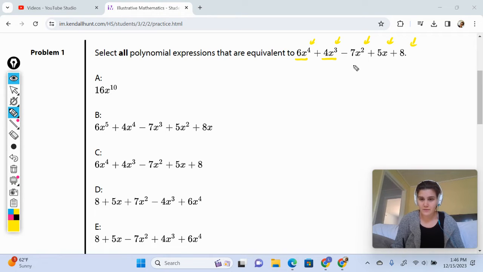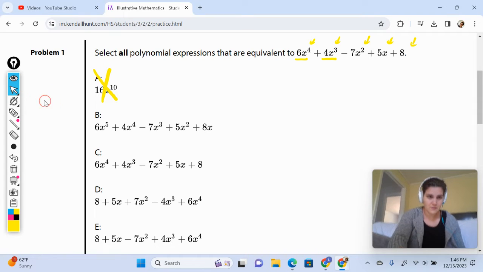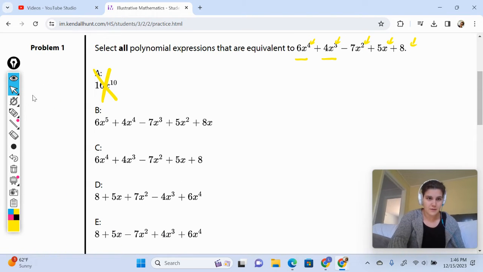Because the exponents are different, I know I cannot combine any of these terms, which immediately tells me this answer is incorrect. Let me double check that there's just E answers. Yep, so that answer is incorrect. Let's go ahead and look at the next one. 6x to the 5th. Well, we have no 5th power and we can't generate a 5th power from nowhere, so that's not an option either.